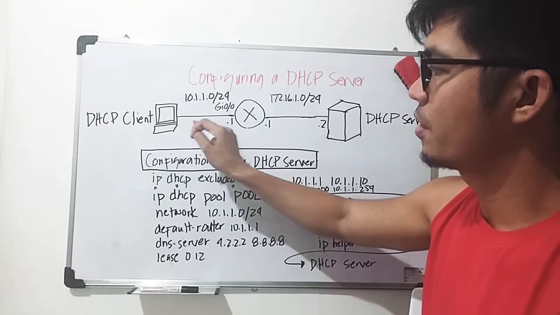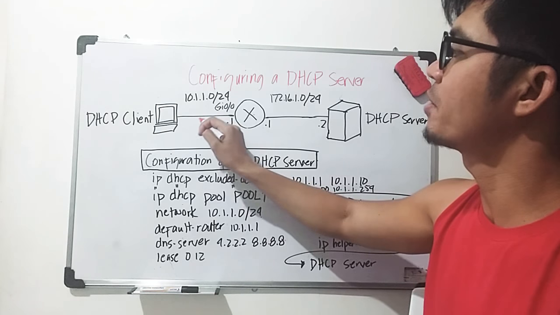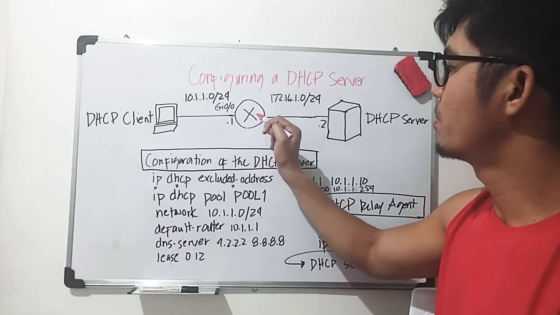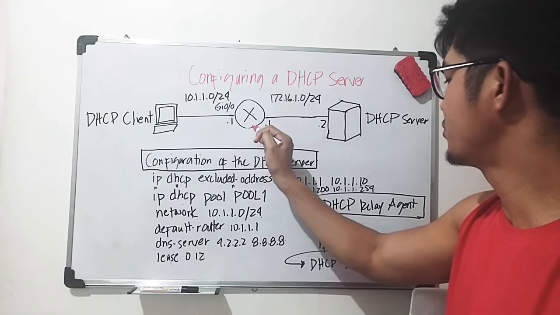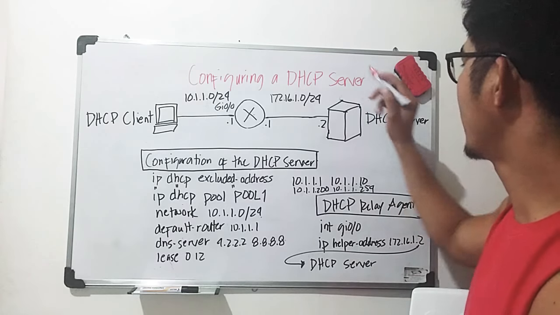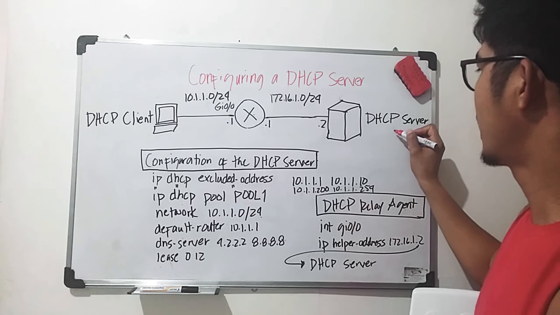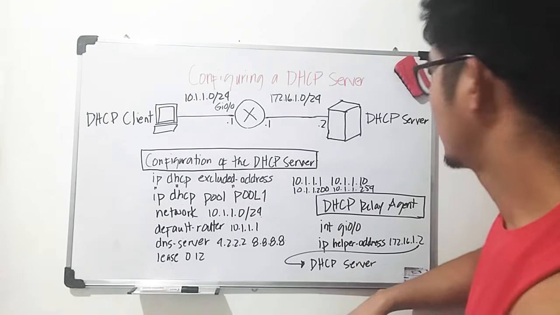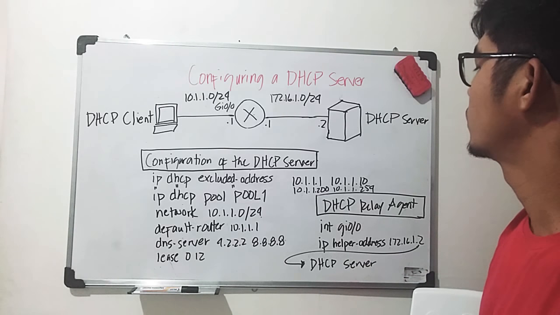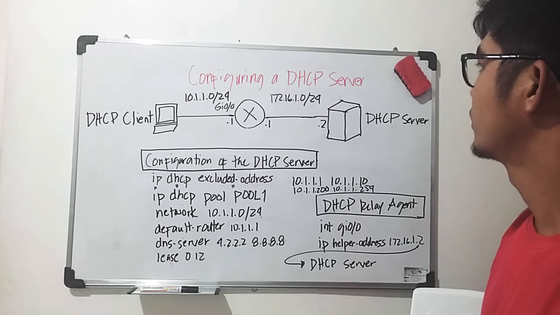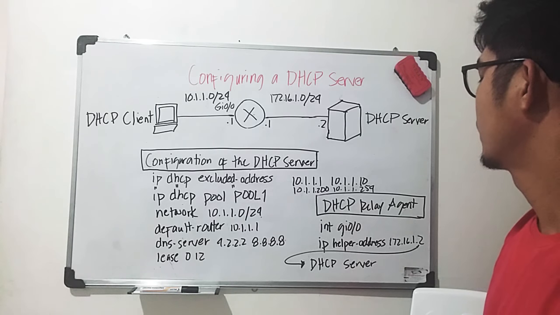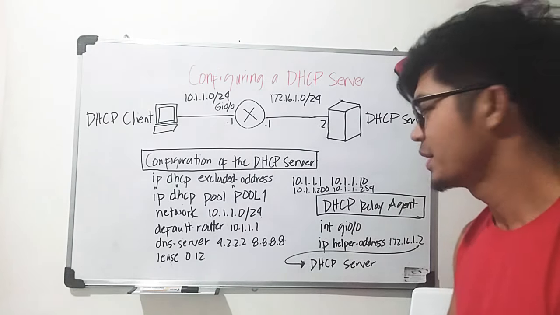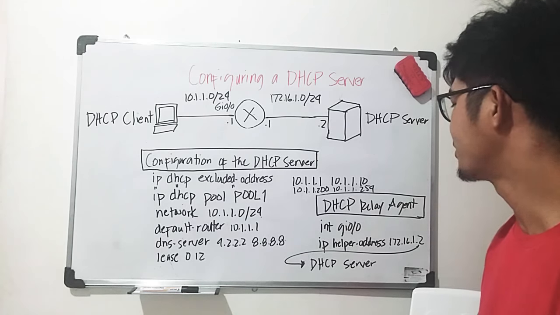Of course, there could be a switch somewhere in the middle, and we have the DHCP relay agent, and we have a DHCP server. So this is not just configuring a DHCP server, but also configuring a DHCP relay agent.